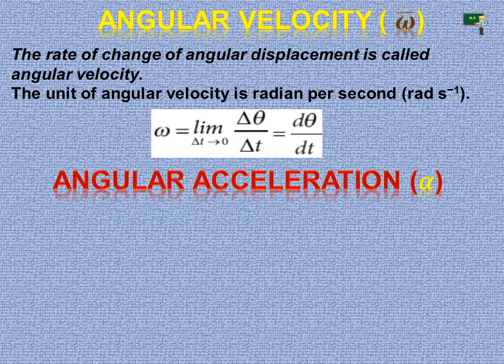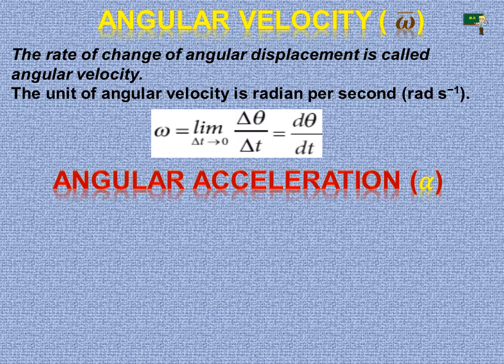And what do we mean by angular acceleration? While a particle is moving in a straight line, you get the length in meters. But while the object is in rotational motion, particularly circular motion, the distance traveled is measured by angles.